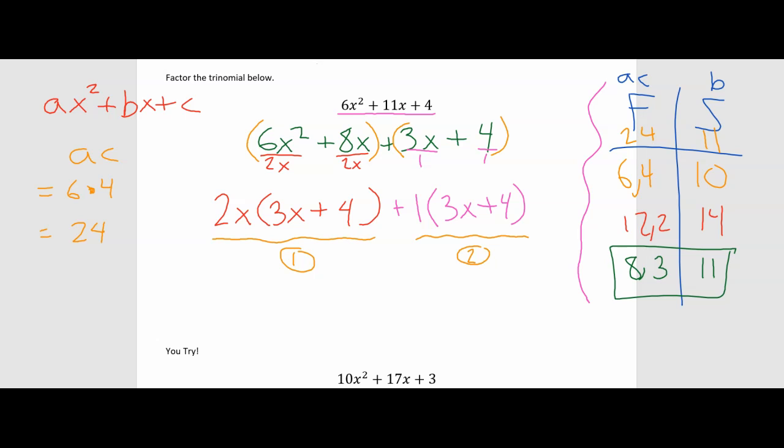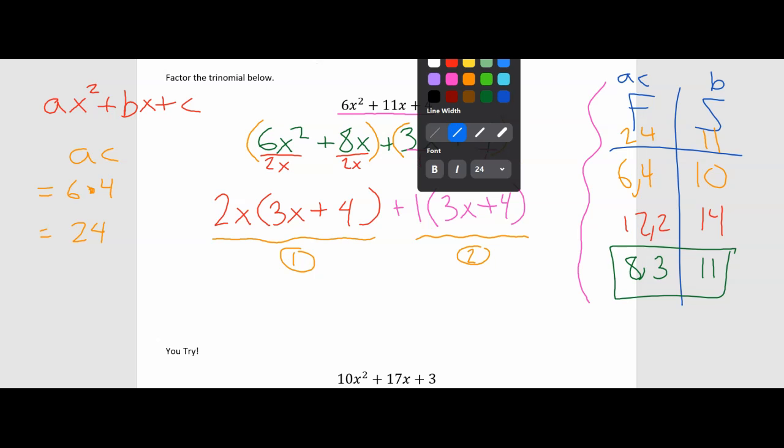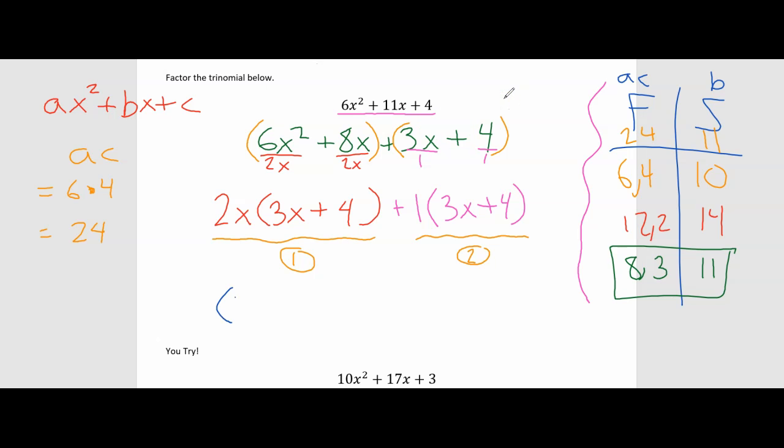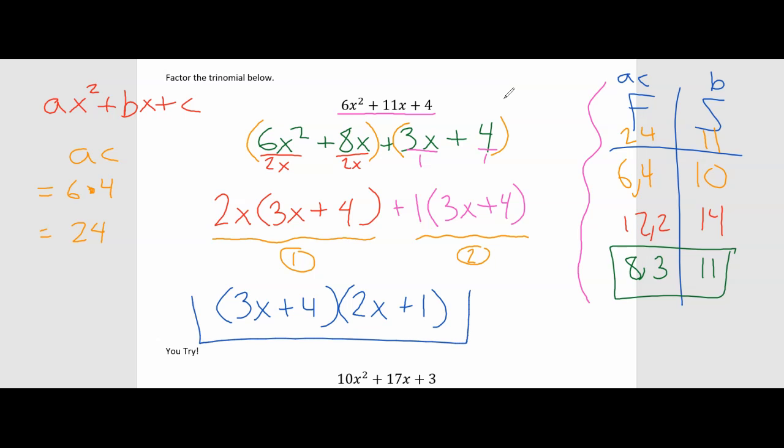Well, they both share that 3x plus 4. So if I factor out a 3x plus 4, if I factor that out from the red, I'm left with 2x. If I factor it out from the pink, I'm just left with positive 1. This right here is the factorization of this trinomial.